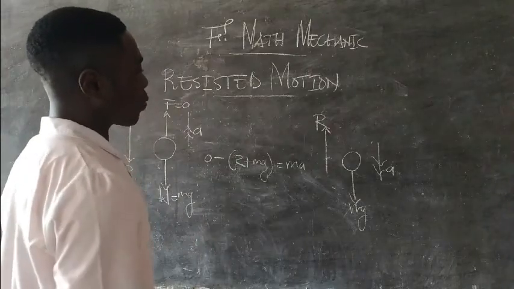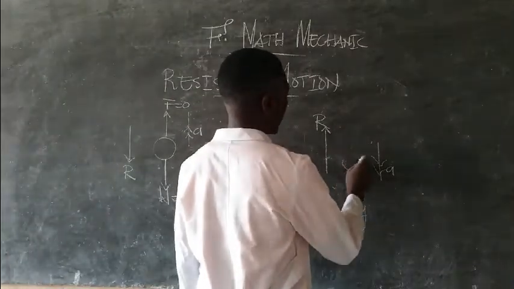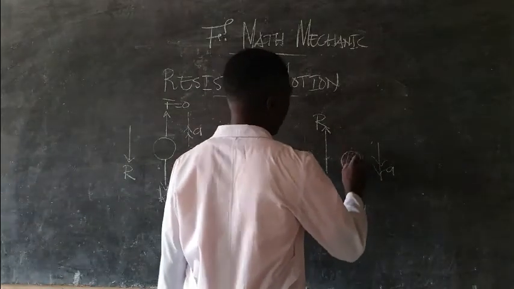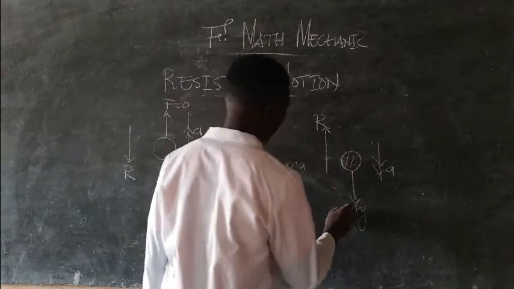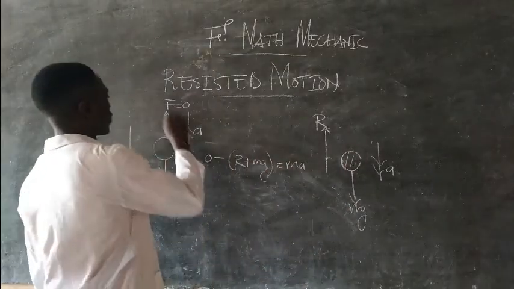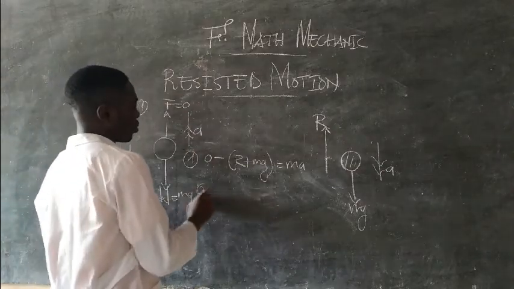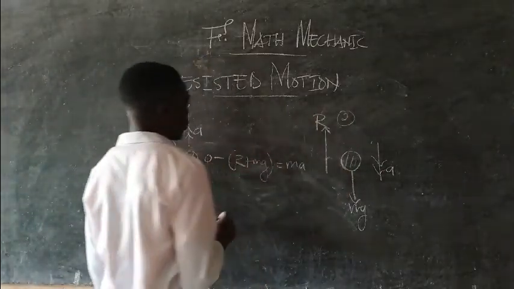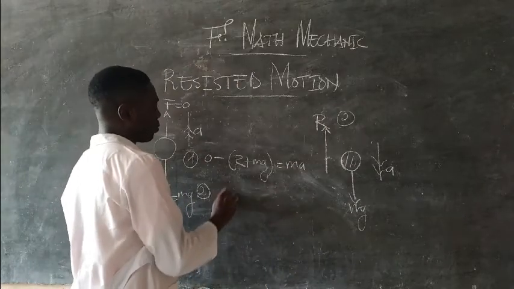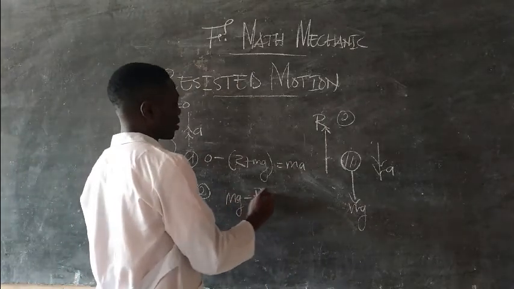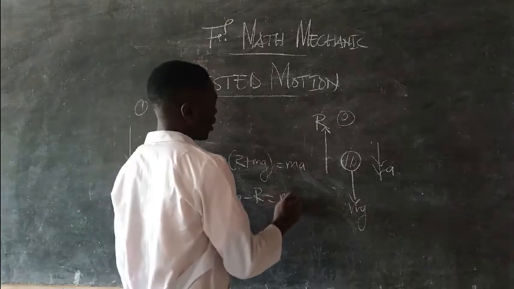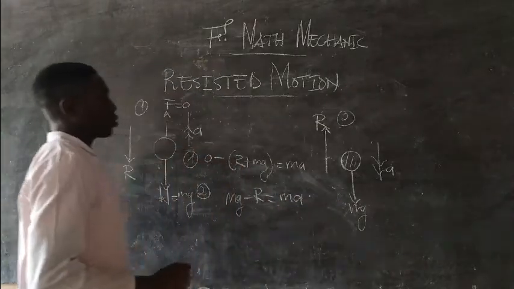And of course, if it's a projectile, this is the equation of motion for the first case, so this one is 1, and this one should be 2. The equation of motion for this one should be mg minus R equal to ma.